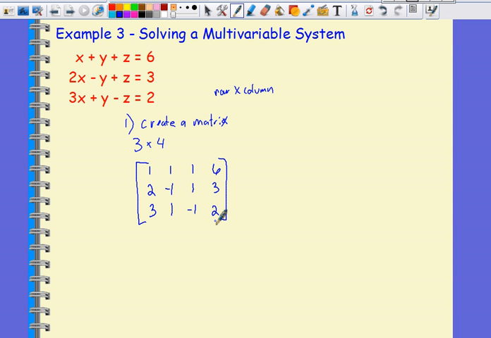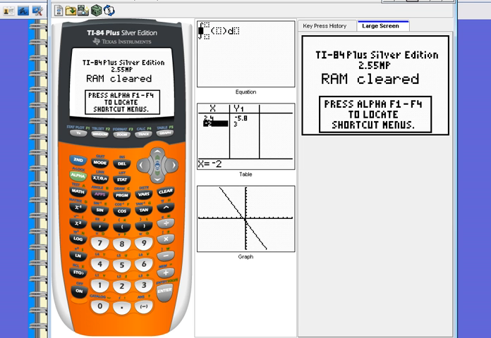Actually, I'm going to show you an even shorter shortcut in the calculator first. But before that, we created our matrix, and then we're going to use the calculator to solve.